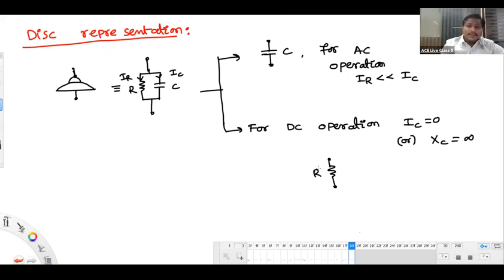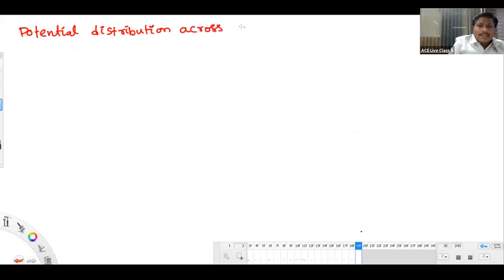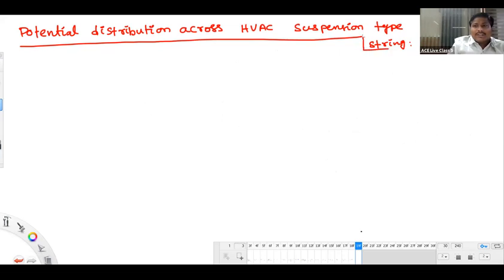So let's take the potential distribution, or voltage distribution, across an HVAC suspension type string.